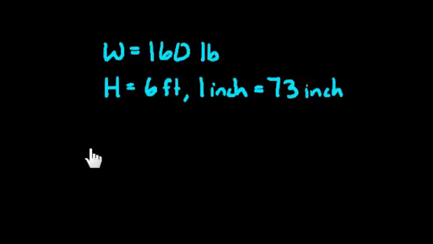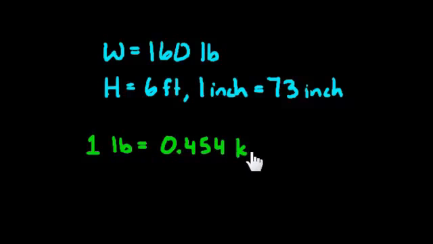So I can say, all right, well, 1 pound equals, and this is something you can just look up on the internet, 0.454 kilograms. So far, so good. And now 1 inch, which is pretty small, is going to be a small number relative to a meter, which is huge, right?